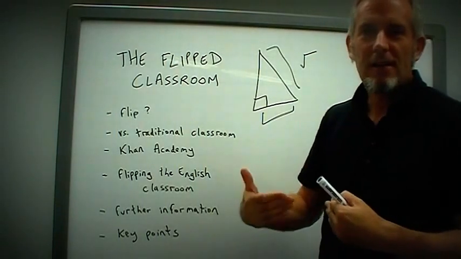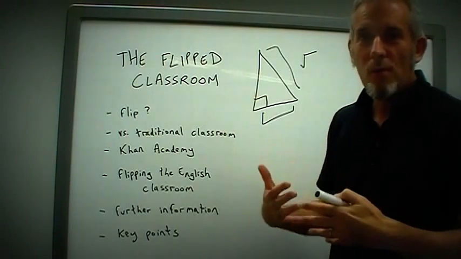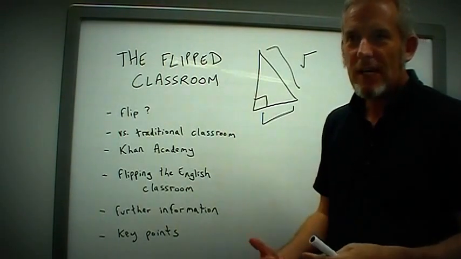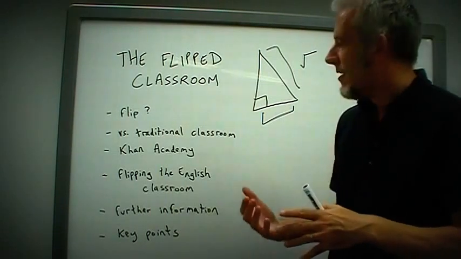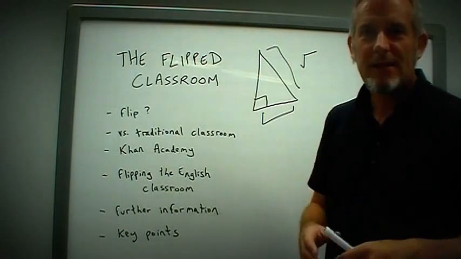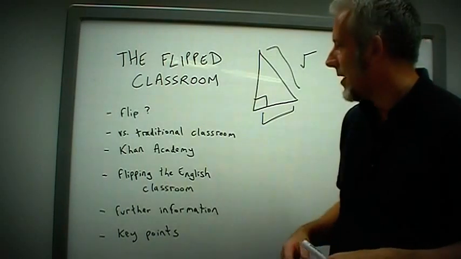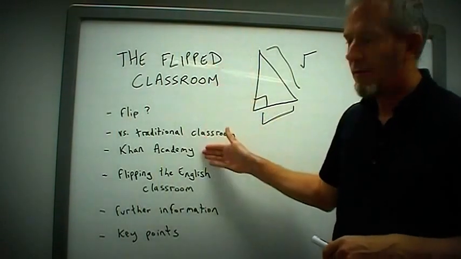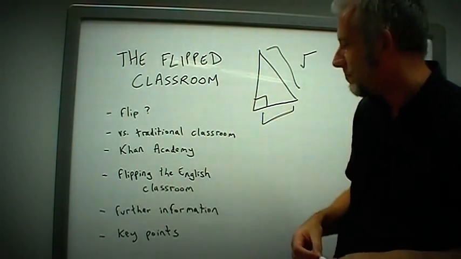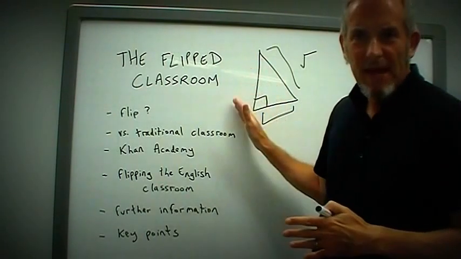But then he realized that this could be a new way, or a more efficient way of teaching. Watch the lecture at home at your own pace, and then do the exercises in the classroom where you have help from a teacher. So a very famous version of the flipped classroom is the Khan Academy. Well, that's an example for math.